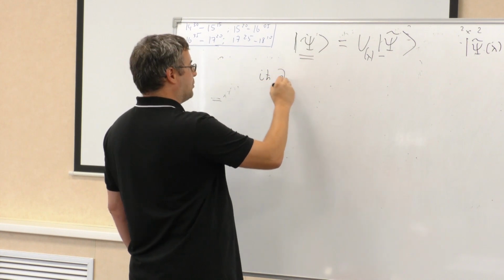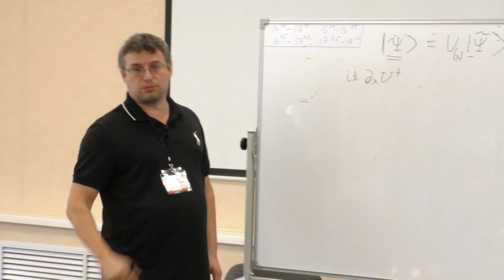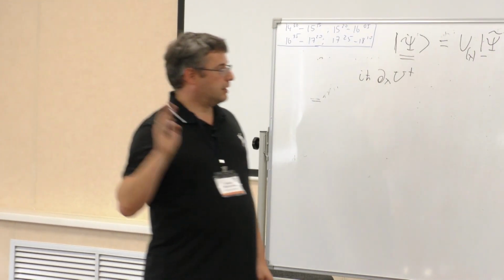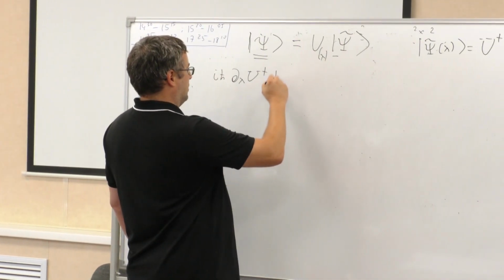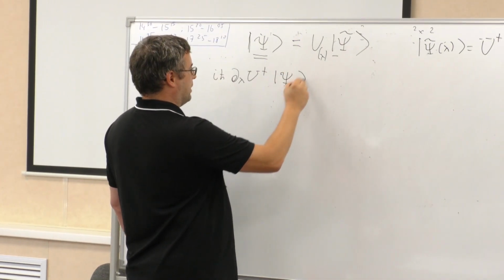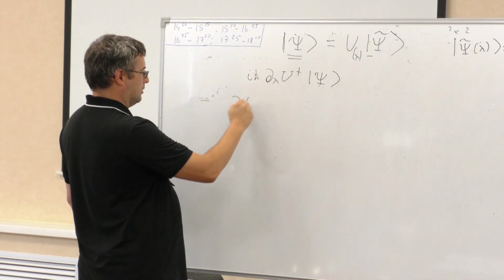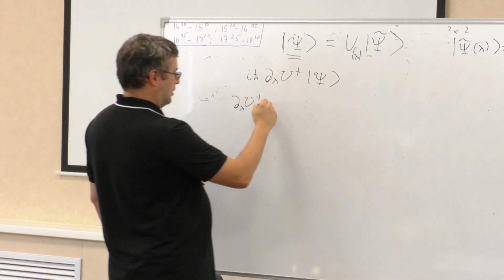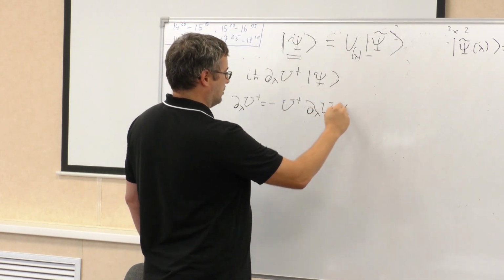And for a while, I'm going to keep h bar, because I want to make a connection to classical systems. And later, at some point, I will drop it. Psi, right? Now, what is d lambda U dagger? It's minus U dagger d lambda U times U dagger.